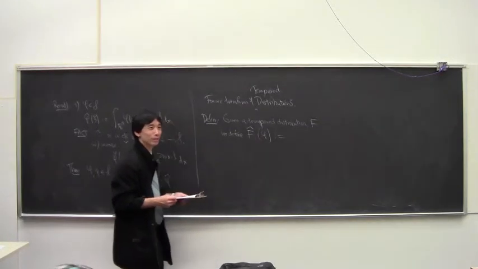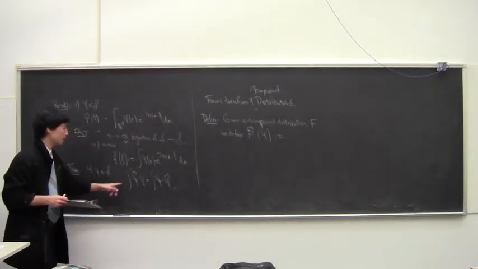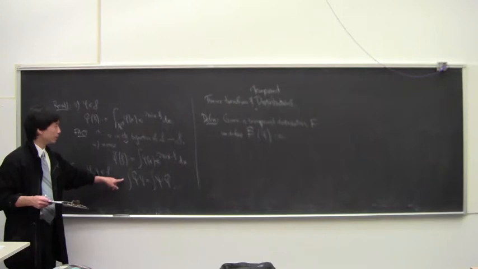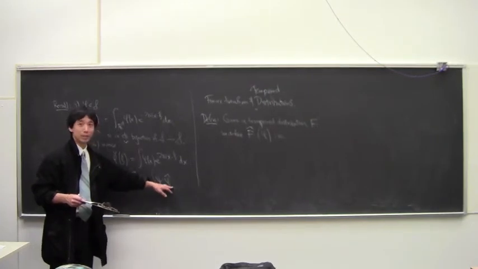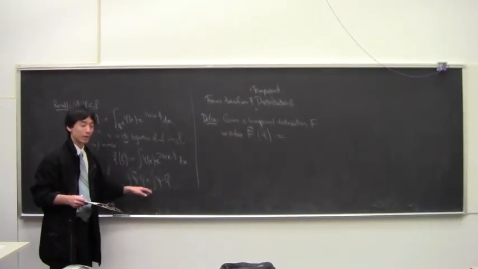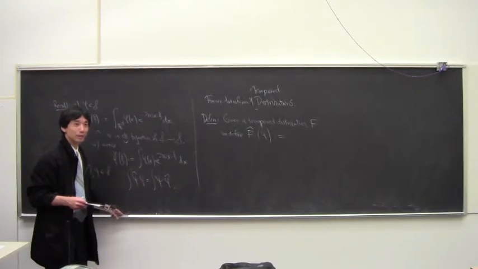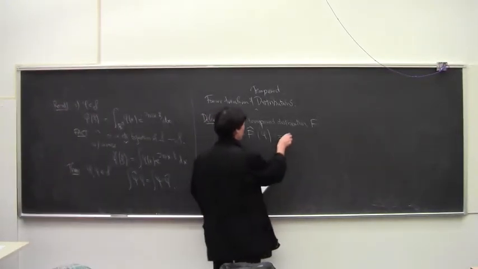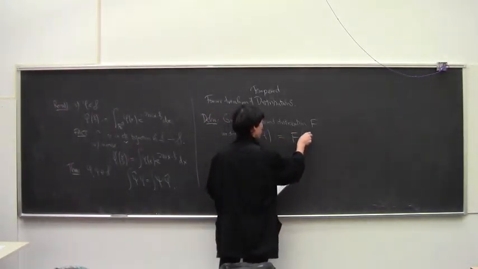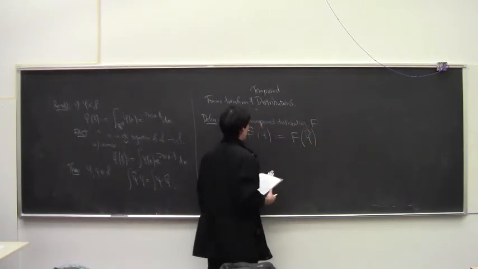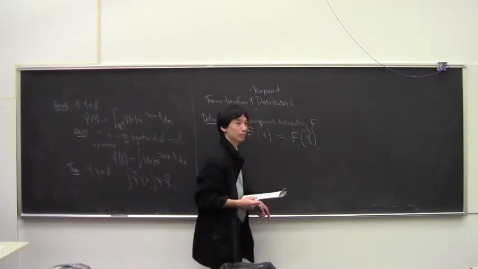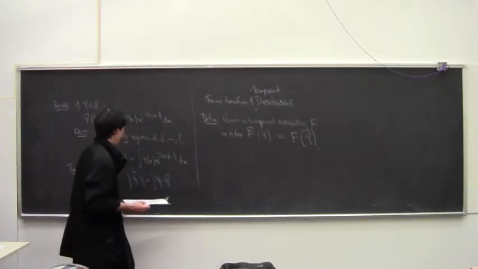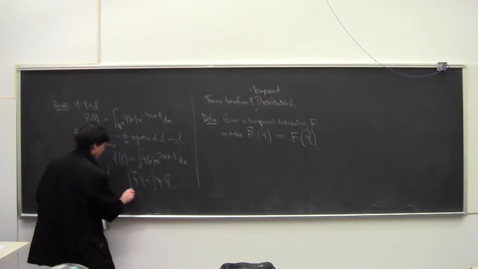How are you going to do it? You know how you're going to do it. The Fourier transform is going to act on the function by integrating the original function against the Fourier transform of the test function. It's written out here. So you're going to take the original thing and act it on the Fourier transform.